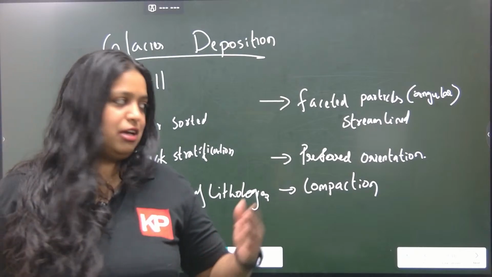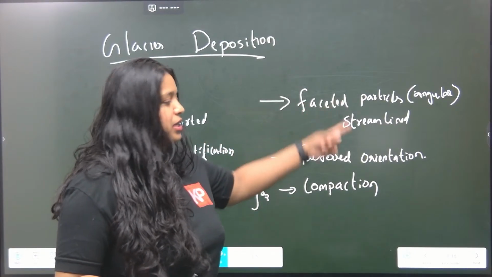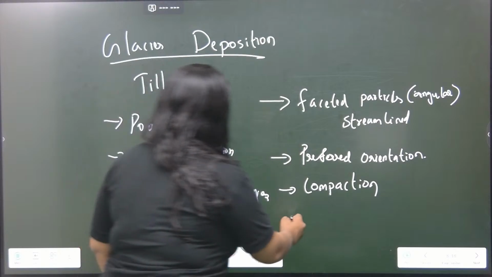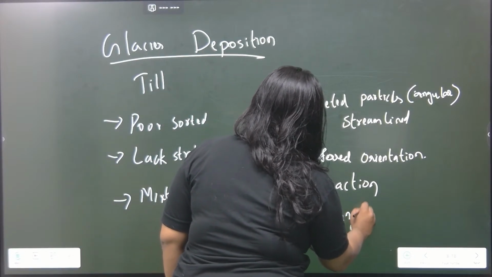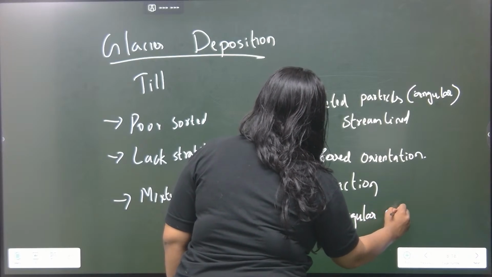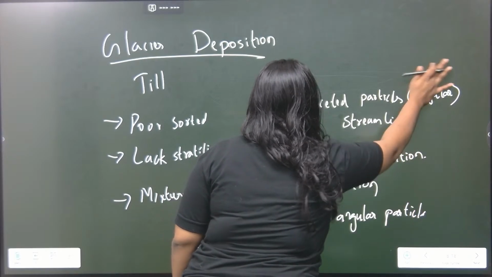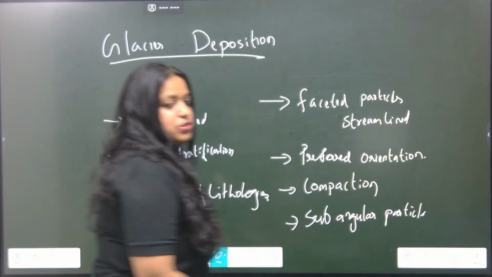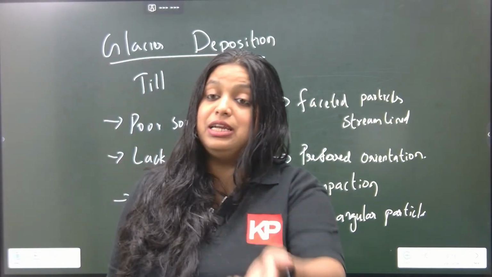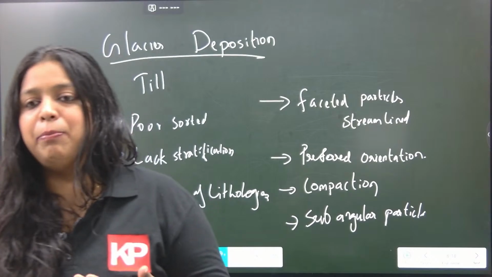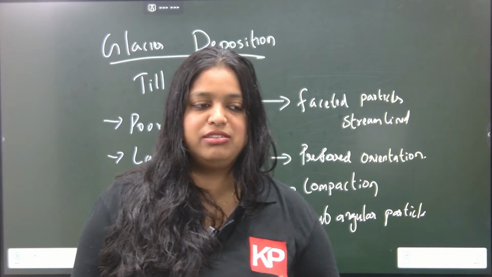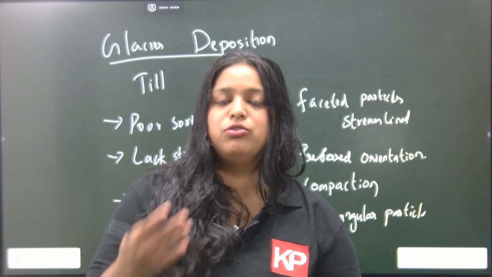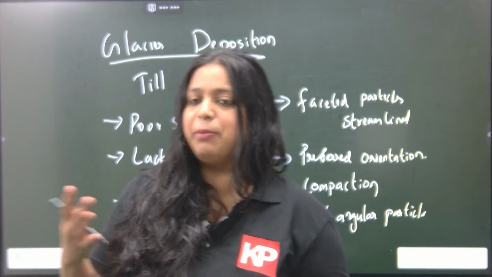Then the last one: I have already mentioned that faceted particles are angular, subangular particles. Predominantly subangular particles will be there in the till deposition because of fracturing and rounding by abrasion.